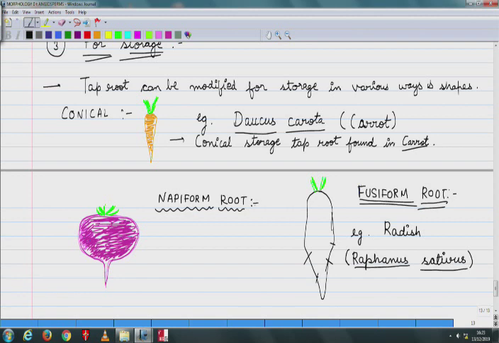Napiform root is seen in the case of, yes, turnip.